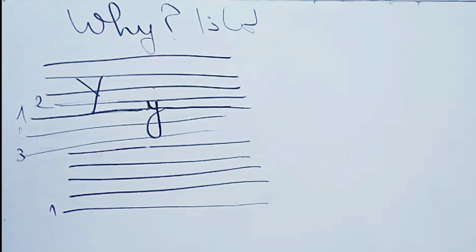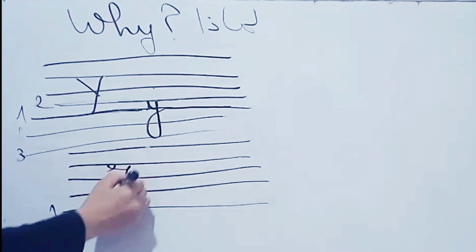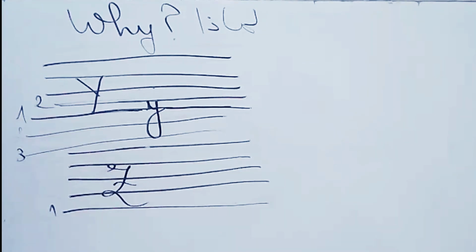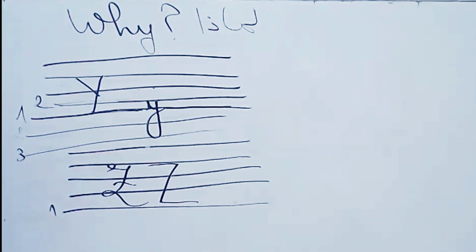Now the last letter, which is Z. The capital letter Z is like this. This is Z. Or you could write it with another way, simple like this. Okay? The small letter now, you have two ways to write it also.